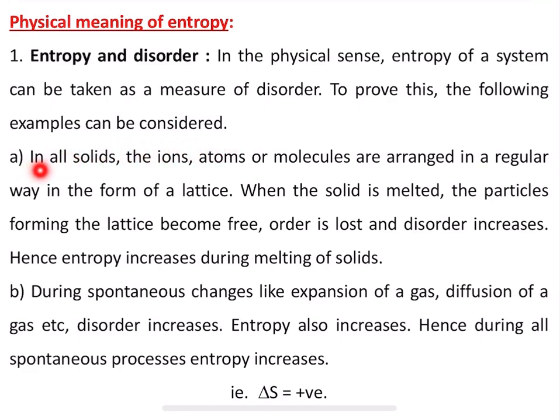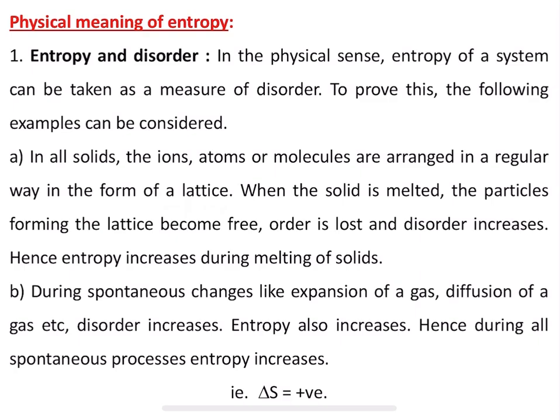The first one: in all solids, the ions, atoms or molecules are arranged in a regular way in the form of a lattice. If you have seen the structure of ice, there you will understand. All the water molecules are arranged in an exact crystal lattice manner. The distance between each molecule or atom will be the same.